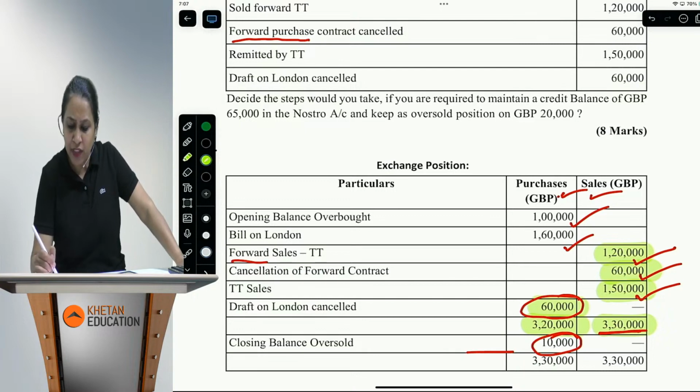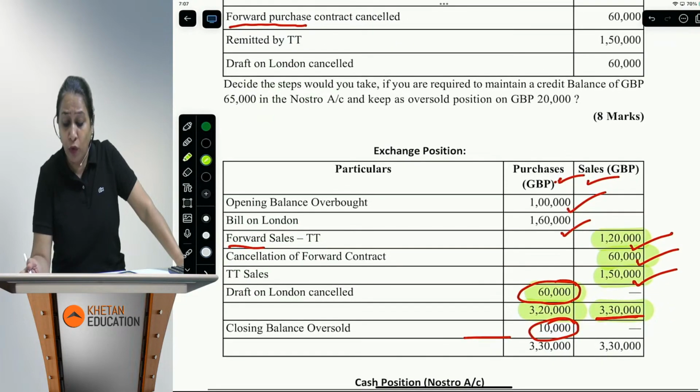If you see this, you will see that you are oversold by 10,000 pounds, because 330 is 10,000 more than 320.